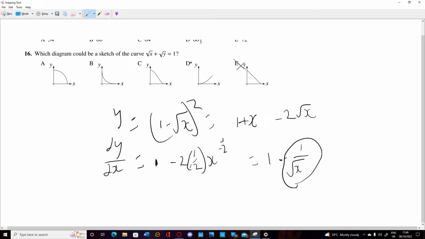Not going to be D, because D has a stationary point, where the gradient is 0. Can't be C for a similar reason to D. And it can't be A, obviously, because it doesn't have a negative gradient. So it is B.